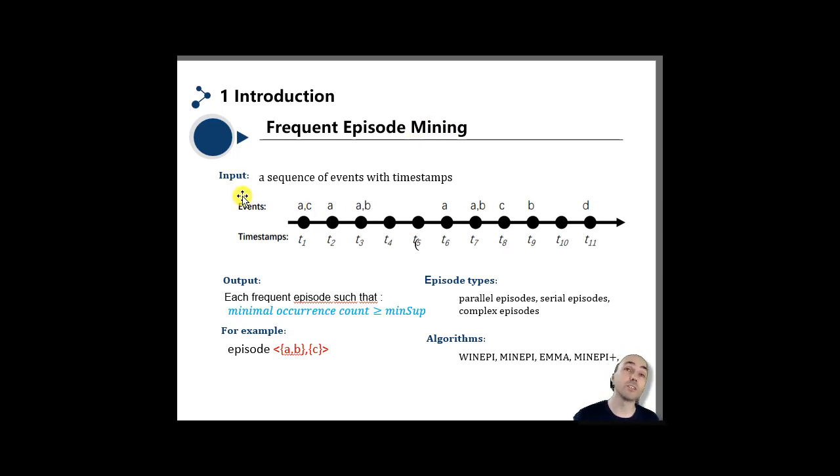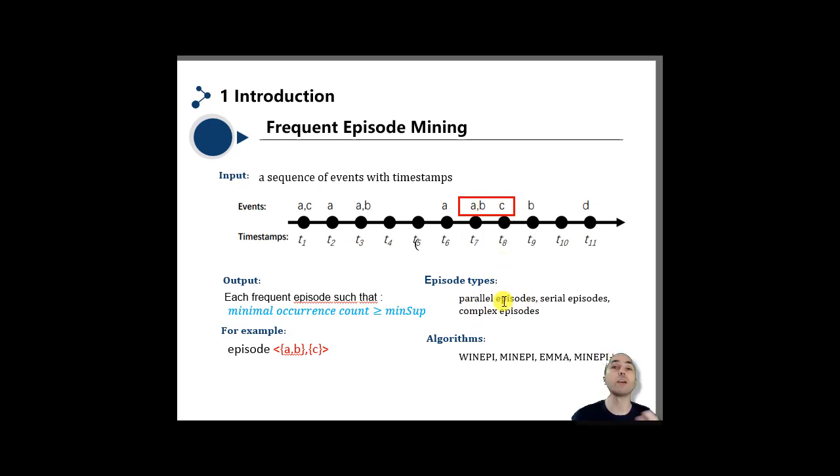Given as input a sequence of events with timestamps, we want to find the episodes that appear many times. An episode is a subsequence like A and B together followed by C. Here, for example, A, B followed by C appears in the sequence between time 7 and 8.